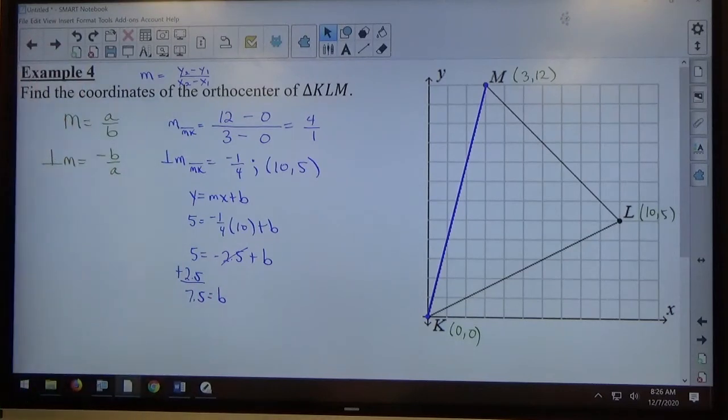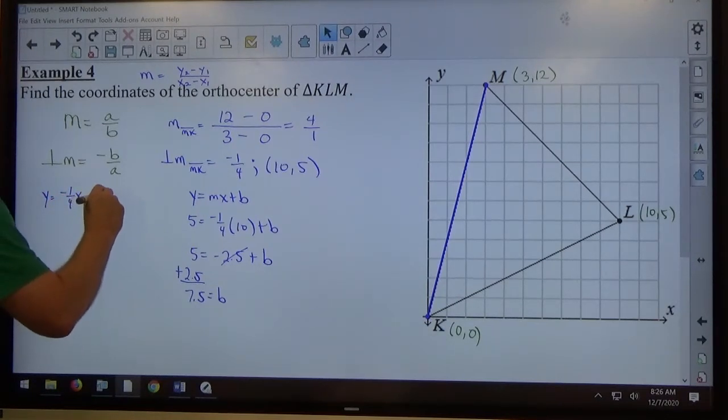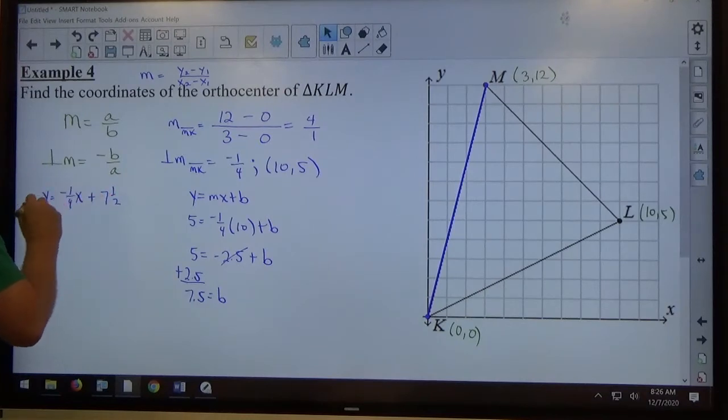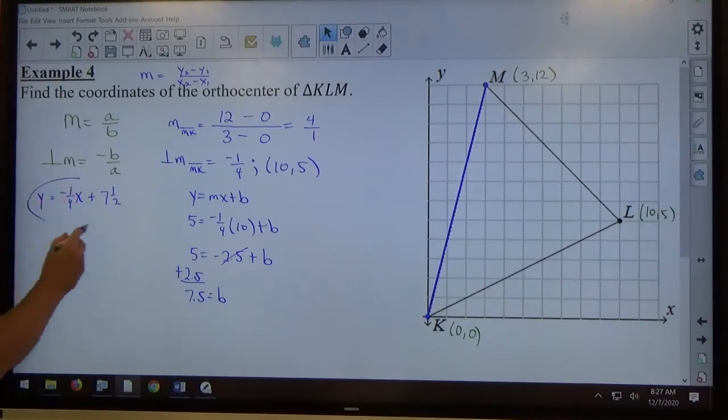So b is 7.5, or 15 over 2, take your pick. So my equation is y equals negative 1/4 x plus 7.5. That's the equation of the altitude of MK. That equation gives me the line perpendicular to MK that goes through L.